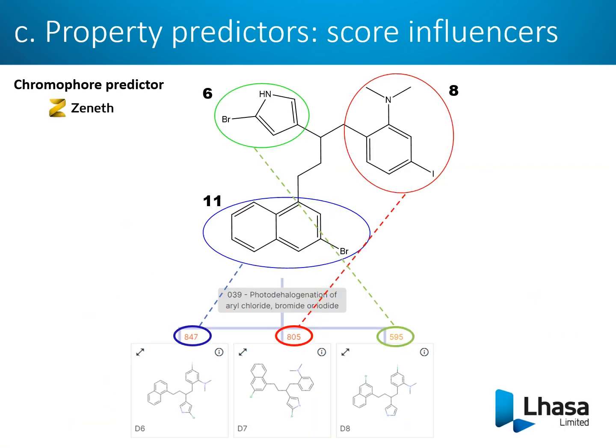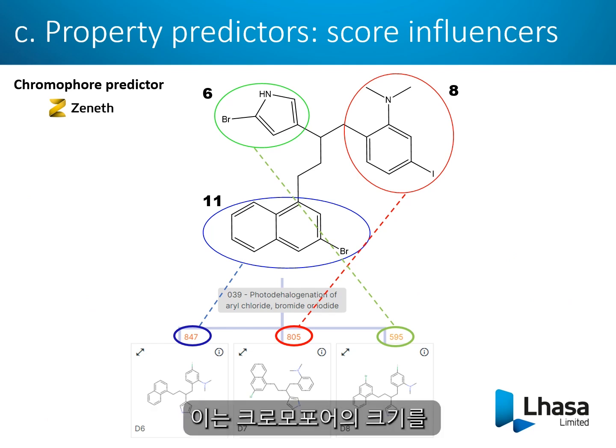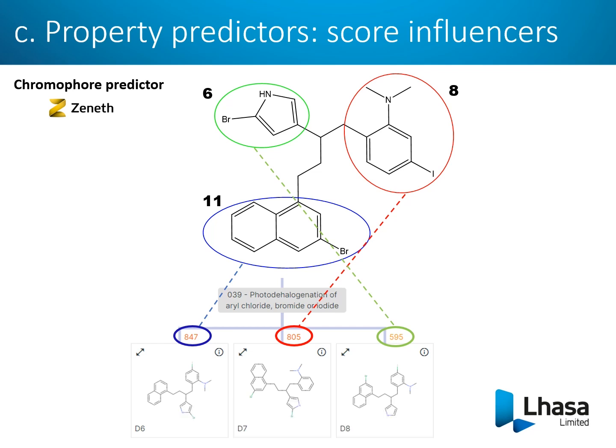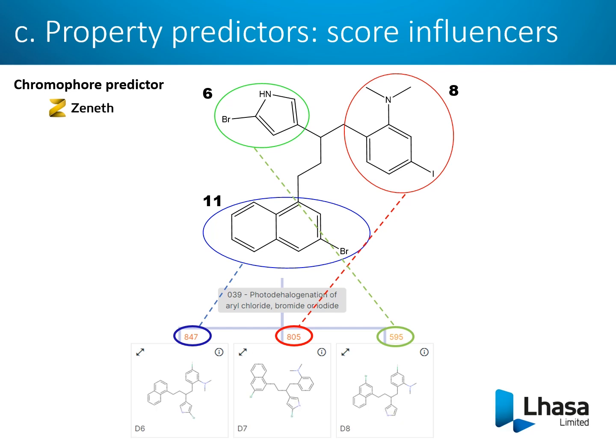In addition, we also have a chromophore predictor, which uses the size of a chromophore to influence the likelihood score for photochemical degradations. In this example, as the size of the chromophore increases, the likelihood of a photodehalogenation occurring also increases.